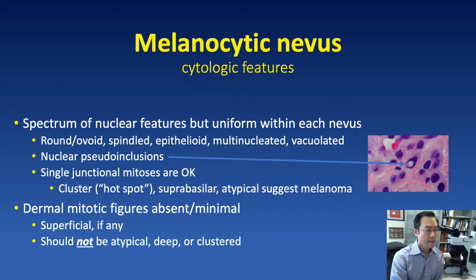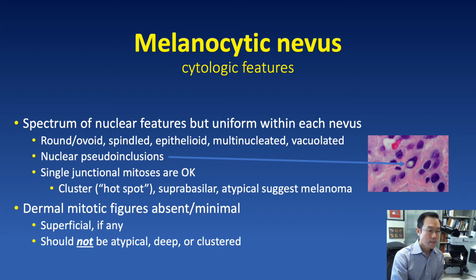In the differential diagnosis of nevus versus melanoma, we tend to pay attention to mitoses. Don't really pay that much attention to a single junctional mitosis, however. That probably doesn't mean anything. What we would be more concerned about is if we saw a cluster or hotspot, an increased number of mitoses, or if we had a melanocyte that was above the basal layer that was in mitosis. That could suggest melanoma, but a single junctional melanocyte in mitosis is probably not significant.